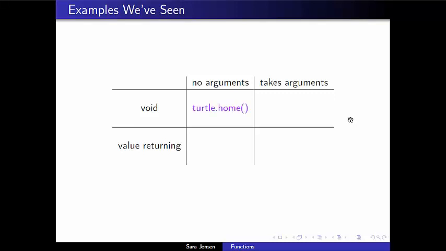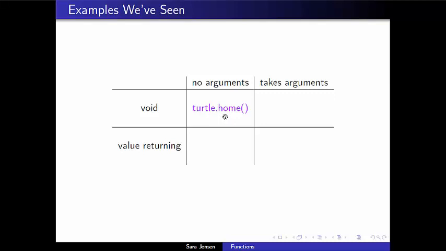First, let's look at an example of a void function that doesn't need any arguments. In some sense, the simplest type of thing. Remember that the turtle module had a method called home, and what that method did is it automatically returned the turtle to its original position, the origin, and its original orientation, pointing to the east.